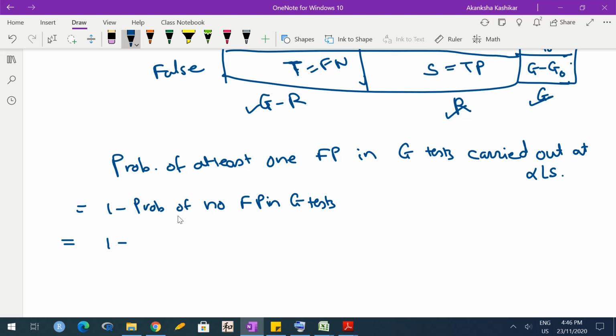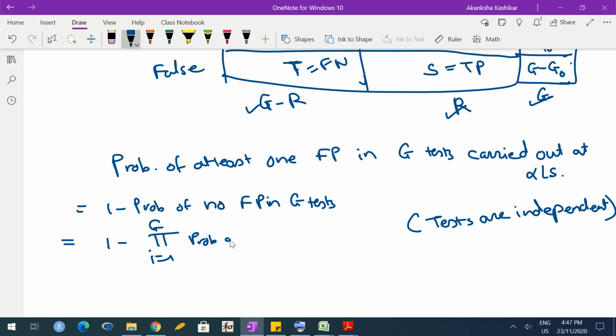Right now we don't know if there is any relationship or dependence between these G tests. But for the sake of convenience, let us assume that all these tests are independent, that the conclusion of one test doesn't really affect the conclusion of another test. As a result, the probability of no false positive in them would be the product of individual probabilities. So the product over i going from 1 to G of the probability of no false positive in the ith test.